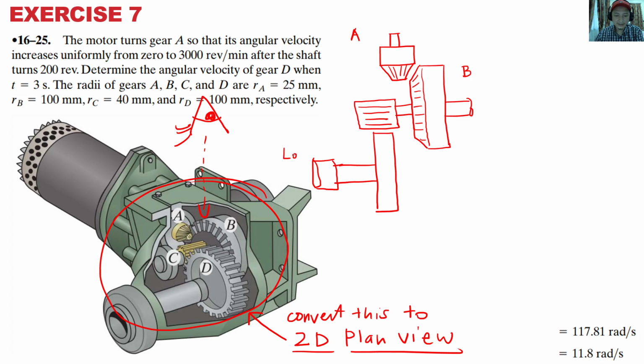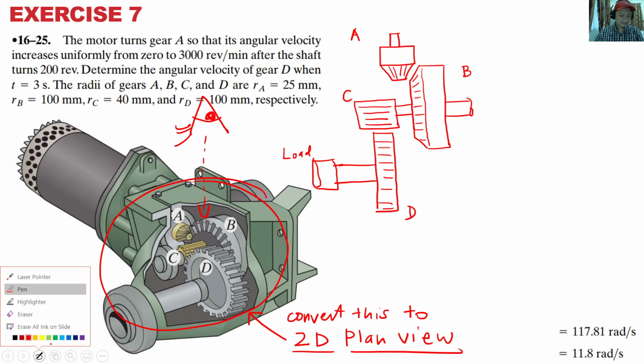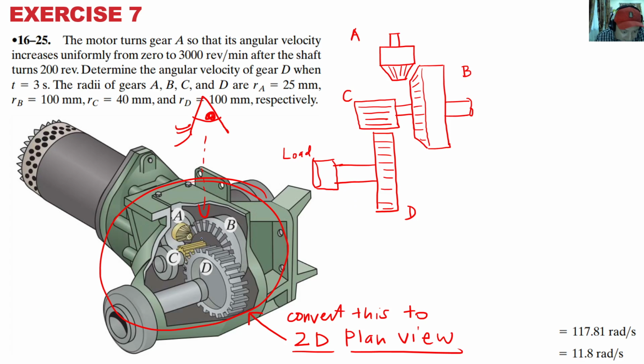This is the load. This one is another gear. So this is C, this is D. If you can convert something like this, then you are good to go. You have very good imagination. Okay, so that is that. That's solved.